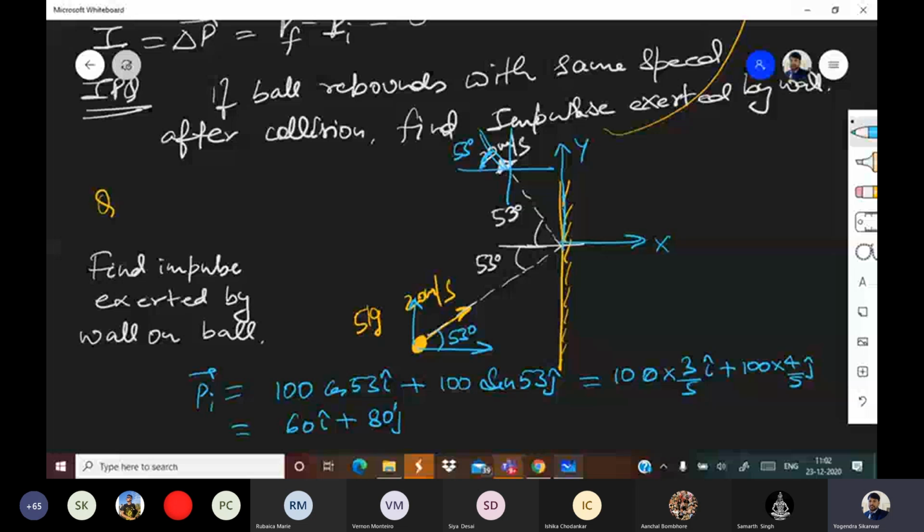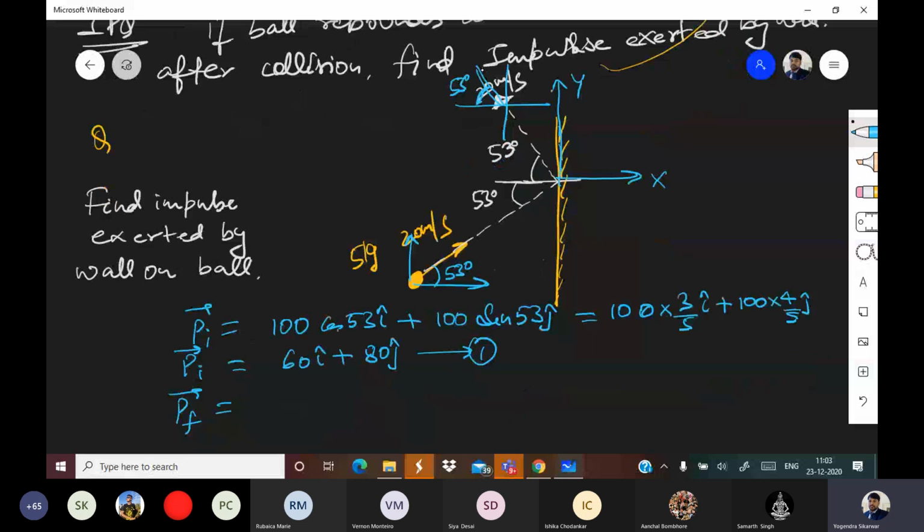That is P initial, equation number 1. Now P final. In P final, what you can see is this is again 100. So this will be 100 cos 53, and this direction will be 100 sine 53.